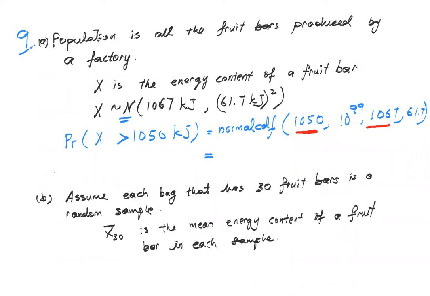That's why I said normal distribution is very important. So I know my answer has to be, this is the mean, 1067, and this is 1050. So I want this area. That's why I know my answer will be more than 0.5.